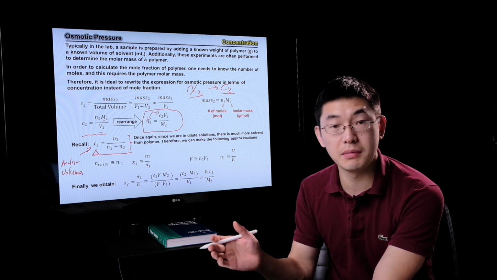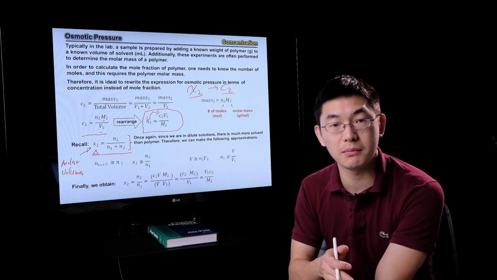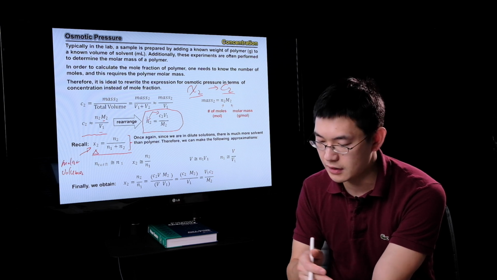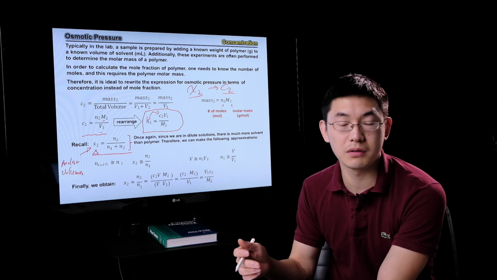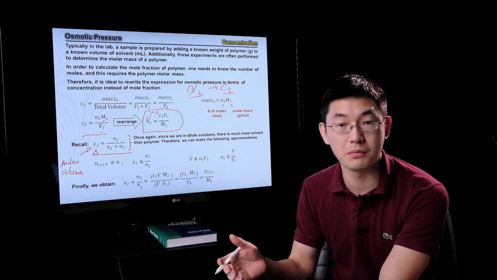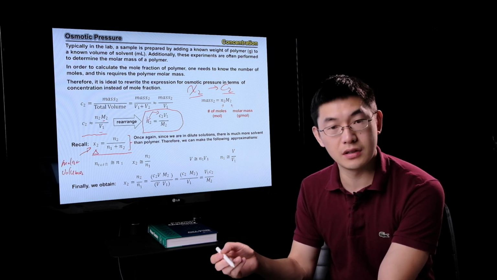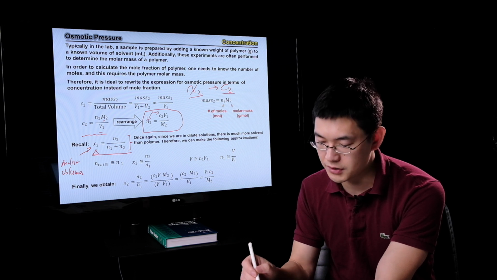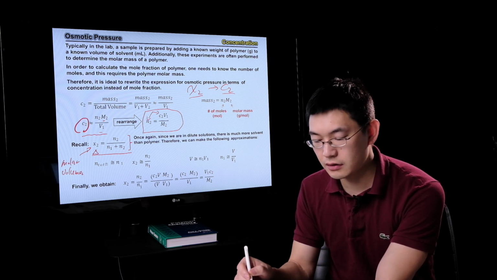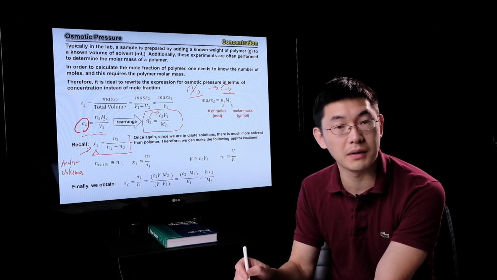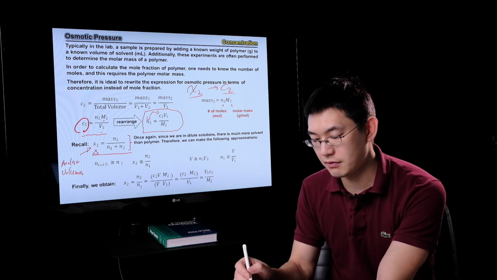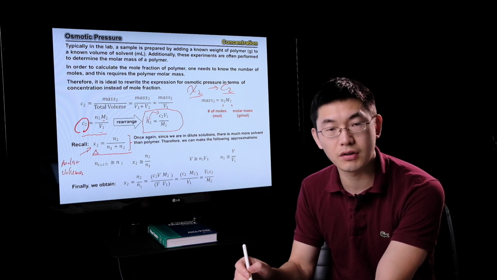An example would be if you dissolve 1 mole of polymer in 10 moles of solvent. This will be equal to 1 divided by 1 plus 10, which is about 9% in terms of molar fraction. And you can use that 9% to convert to concentration. 1 mole of your polystyrene, for example, multiplied by the molecular weight of polystyrene, gives you how many grams of polystyrene, divided by how much volume of solvent you have.